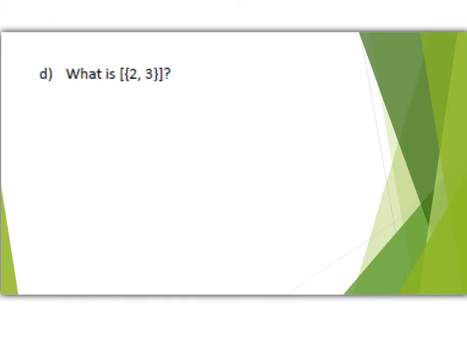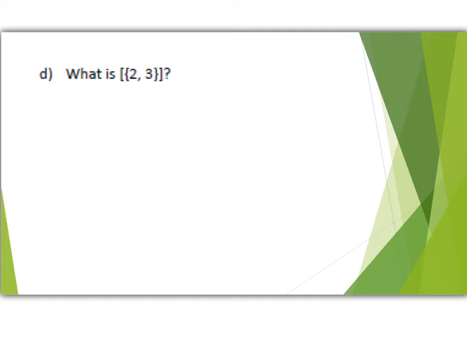Now's where we really get into the meat of the problem in part D. What is the equivalence class containing the subset {2, 3}? Meaning, what is the equivalence class whose representative is {2, 3}? Or, in other words, what are all of the elements in the power set of X that are related to {2, 3}?